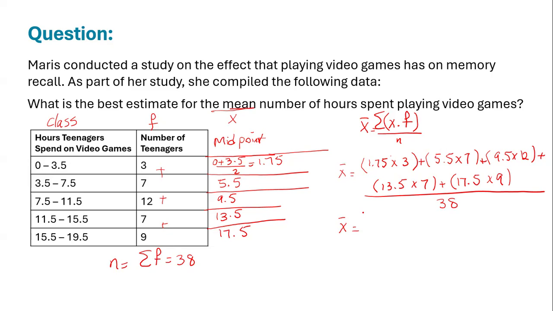1.75 times 3 is 5.25. 5.5 times 7, which is 38.5. 9.5 times 12, which is 114. 13.5 times 7, which is 94.5.